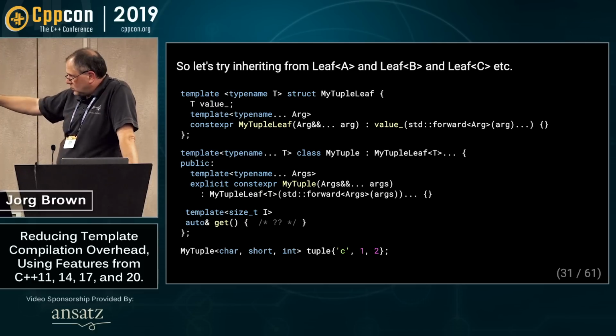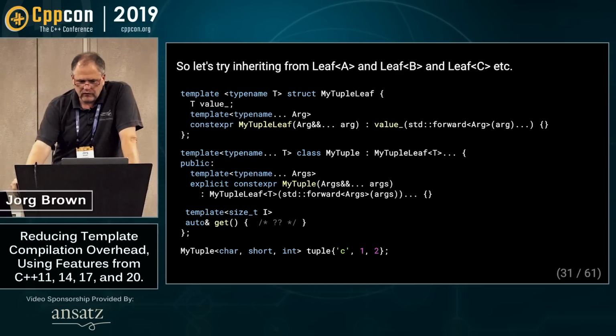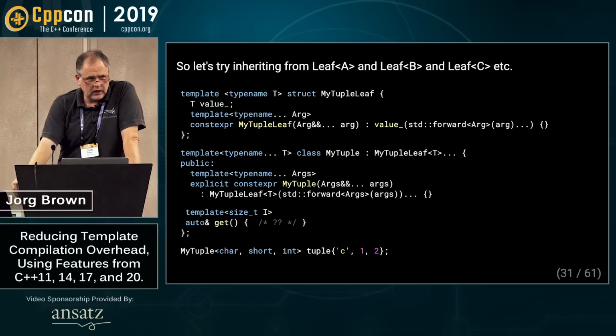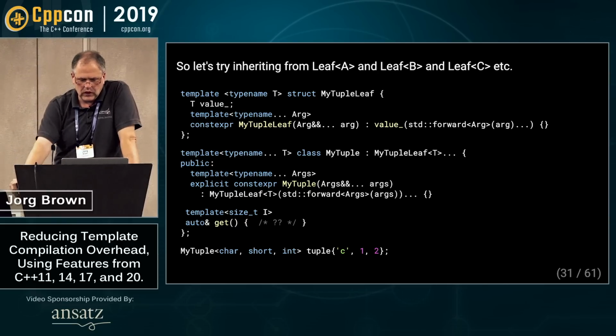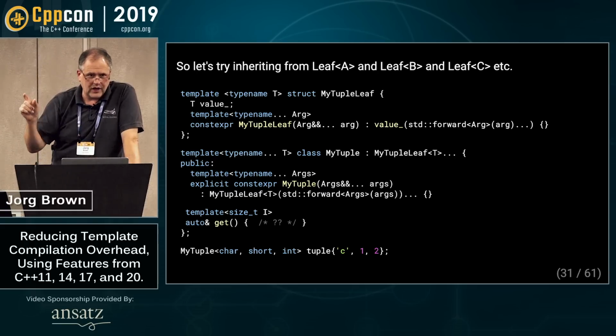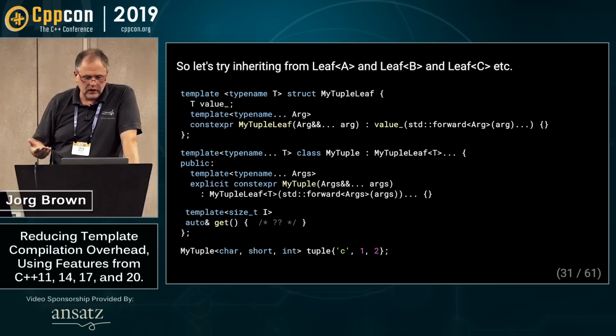And so the actual instantiations there on the bottom, we still have the problem of how on earth does get work? We need some way to figure out exactly what my tuple leaf to dispatch to. But there's a bigger problem here, which is if there's any one of these types that's duplicated more than once, like if you want a my tuple of int, int, this doesn't work because it tries to derive from two my tuple leaf of ints, and you can't derive from the same class twice.